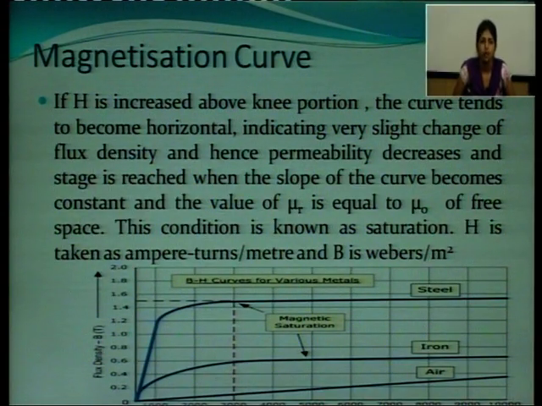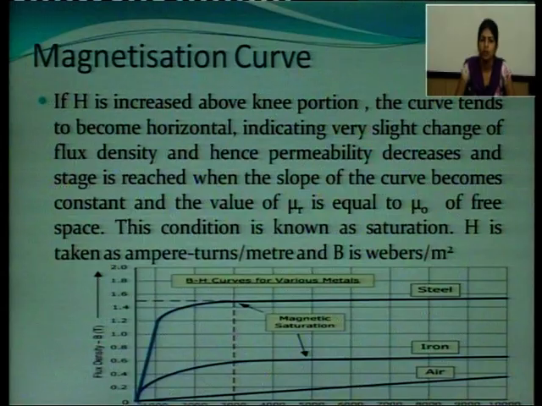And a stage is reached when the slope of the curve becomes constant and the value of mu r is equal to mu naught. So this condition is known as saturation, and here we have taken H in ampere turns per meter and B in Webers per meter square or Tesla.